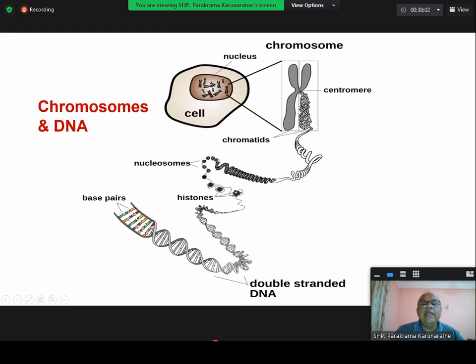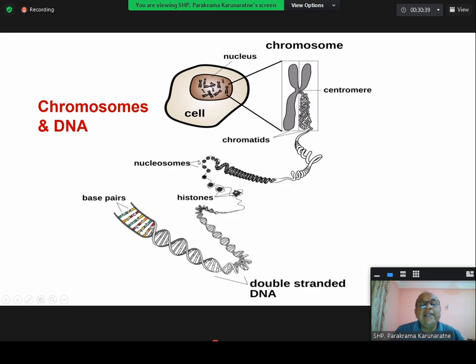This molecule is a long thread, but to pack it nicely, it is woven around balls, and there are 8 protein balls in each big ball here. In each big ball, you find 8 protein molecules. So these are histone proteins, 8 histone protein molecules, and the DNA is woven around them.